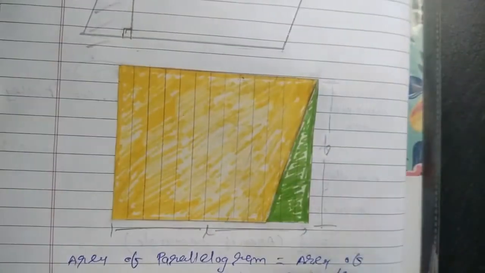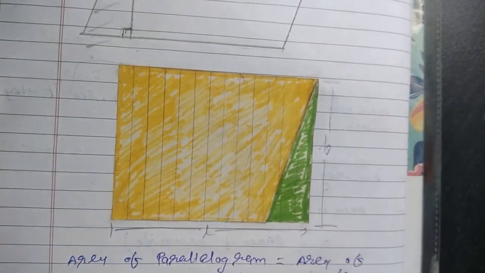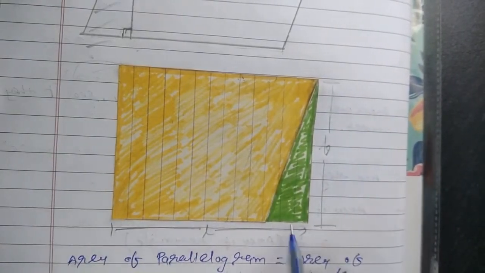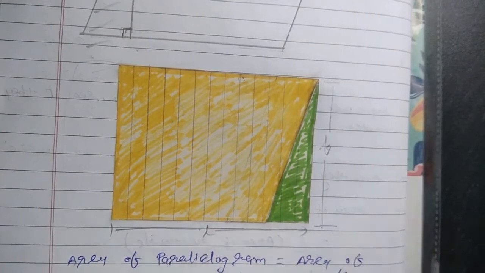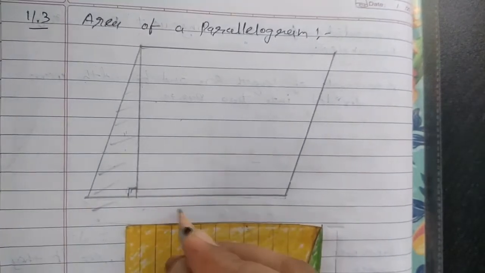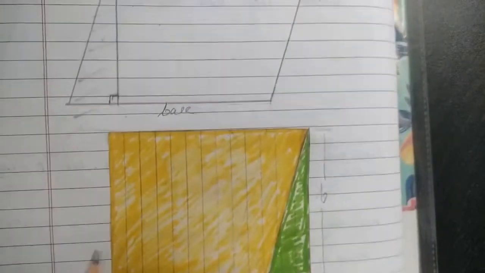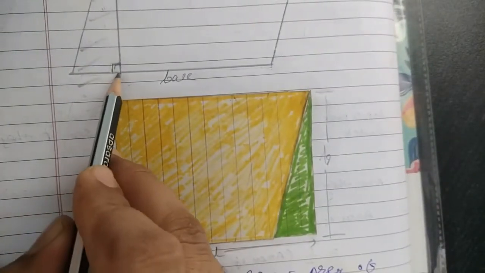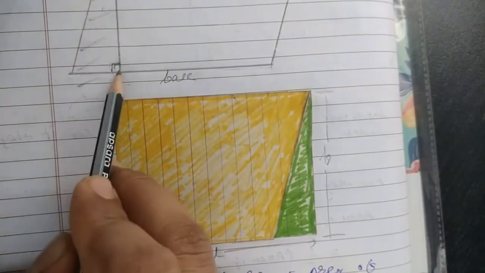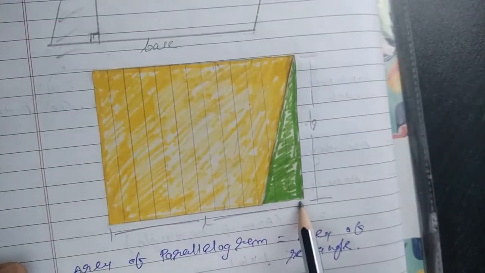So here in this rectangle, this is length and this is breadth. Now this length in the rectangle is the same as the base of the parallelogram. As we can see, this triangle we have removed, in this triangle this same side is in the rectangle.